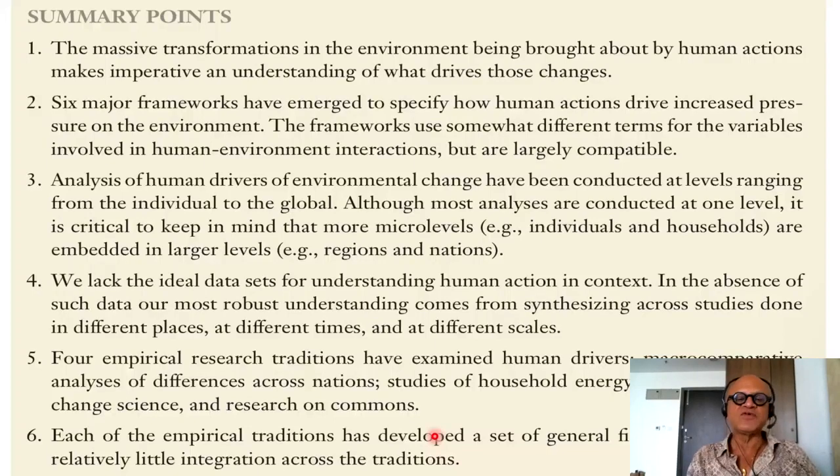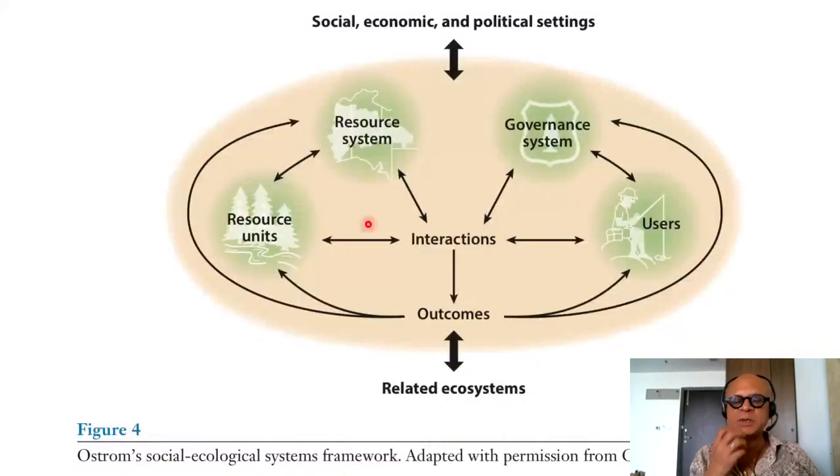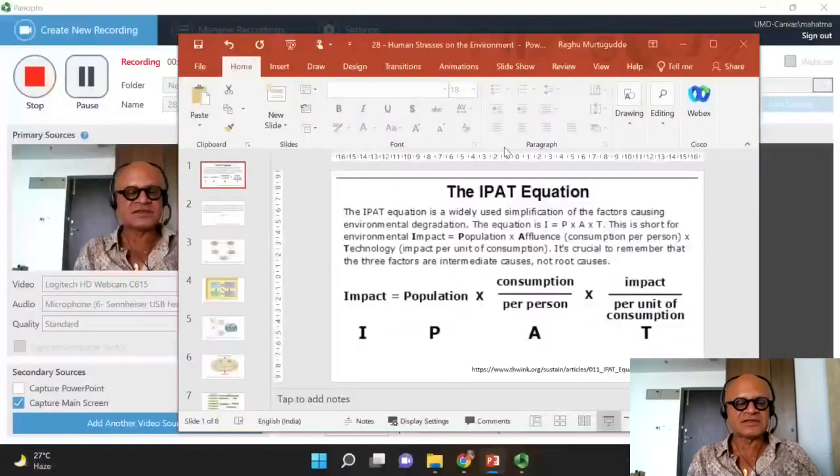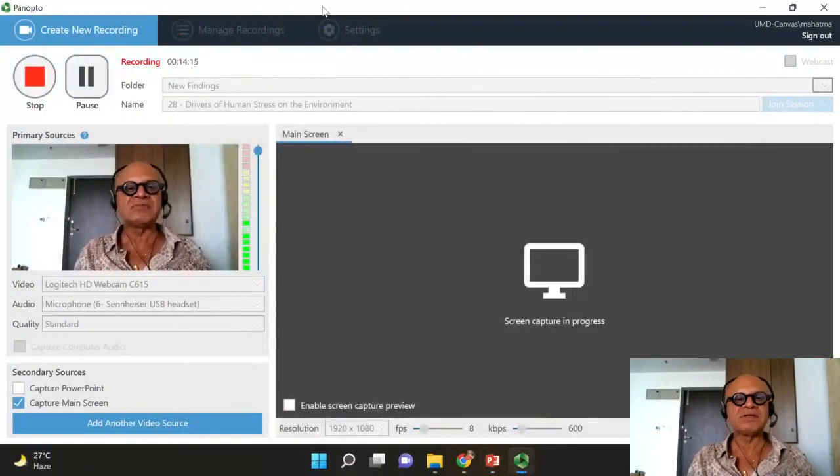So the typology of managing resources in such frameworks, of social, economic, and political settings, is not always very clear. But nonetheless, the drivers of human impact on the environment must be understood and quantified, and risks identified, so that the systems can be protected, managed, and reinvigorated, and so on.